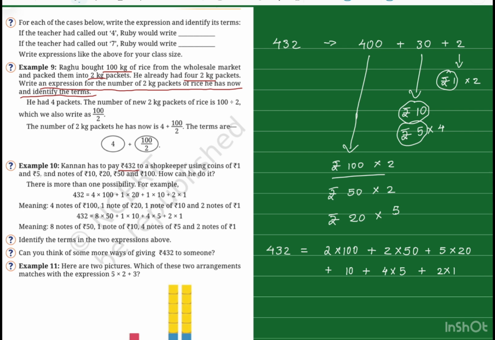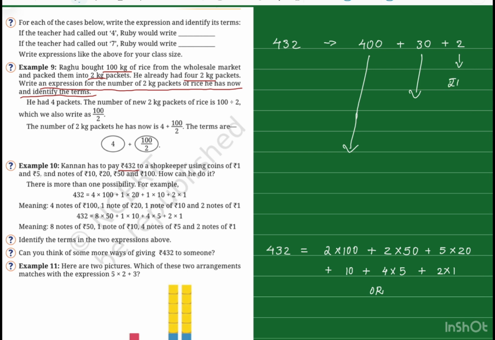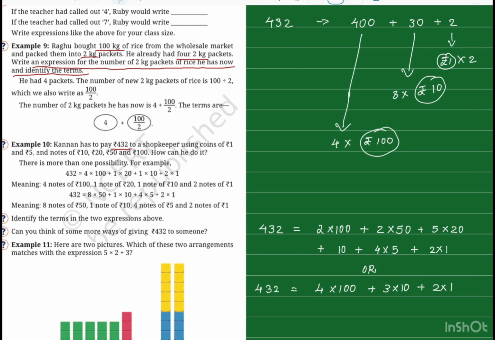Or we can give in another way: 1 rupee 2 coins and 10 rupees 3 notes, and 400 can be given in 400 rupees. So the expression will be 4 into 100 plus 3 into 10 plus 2 into 1. Or we can give another way: 2 into 1 rupees, 4 into 5 rupees and 1 into 10 rupees.